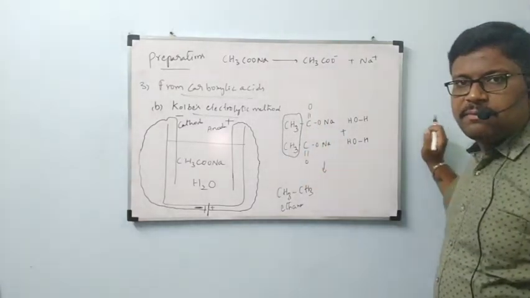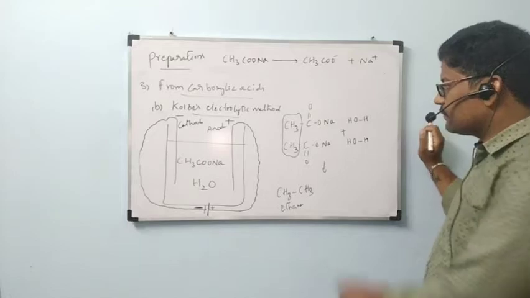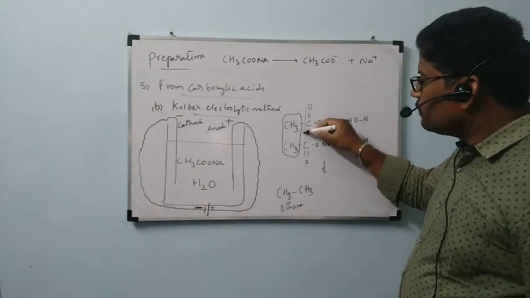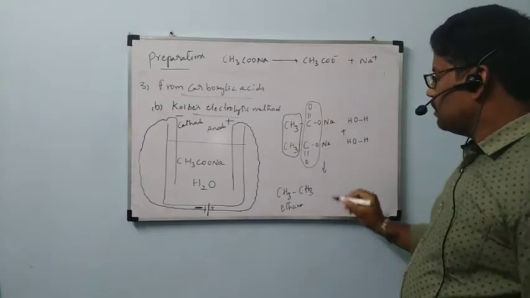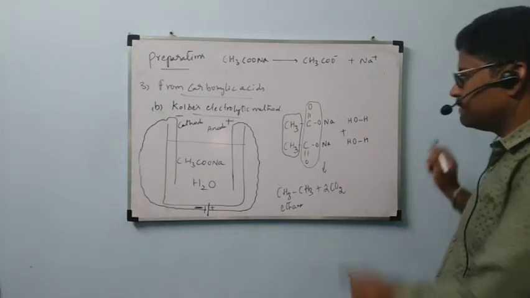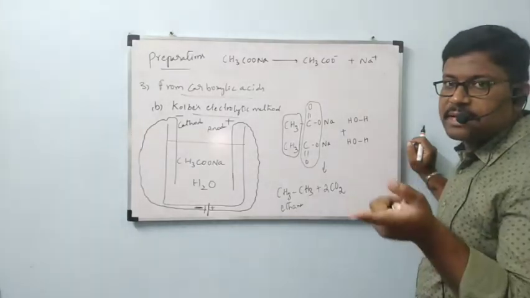The CO2 will not be bonded; 2 moles of CO2 will come out. This is CO2, this is also CO2. How CO2 is formed, we will see in the mechanism.